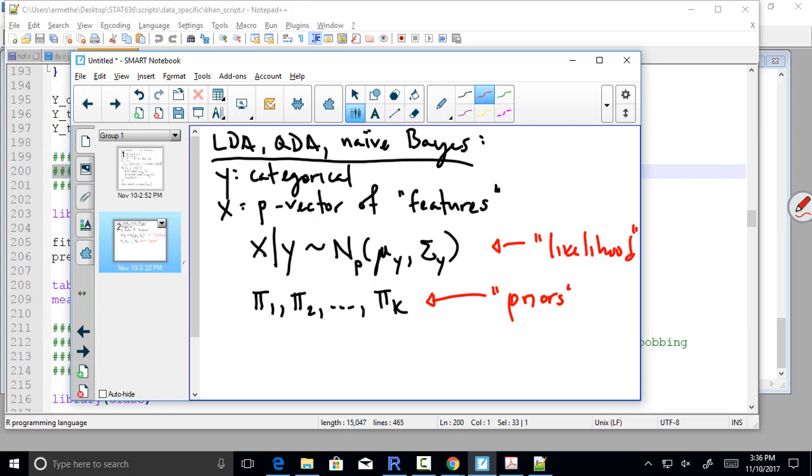Prior probabilities are probabilities that you postulate that are not with respect to any data. Prior to seeing the data, maybe I would say, well, I think all 4 tumor classes are equally likely. In which case I could say my prior probabilities are 1 over 4, 1 over 4, 1 over 4, 1 over 4. Without seeing data, that's my best guess at how likely the different tumor types are.